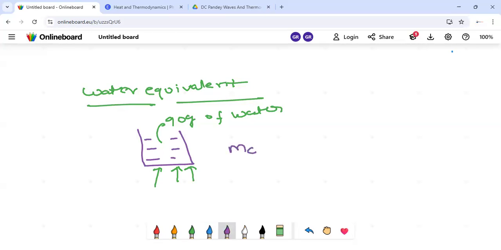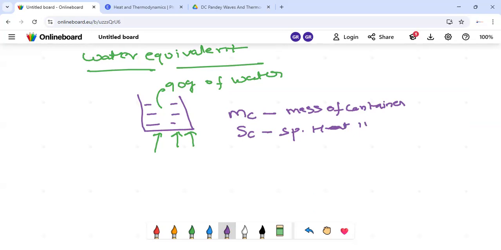Let's say mass of container is mc, and the specific heat of container is Sc. Now, let's say the rise in temperature here is 50 degrees Celsius.